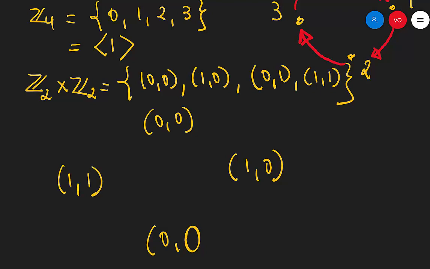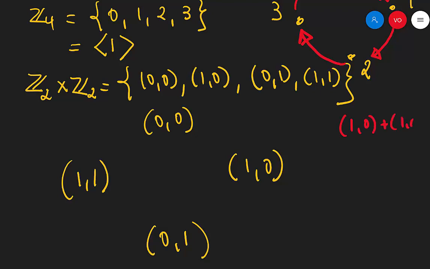I'm going to start with 1,0. If I add 1,0 to 1,0, what's going to happen? If you take 1,0 plus 1,0, that'll be 0,0 with respect to this group operation.